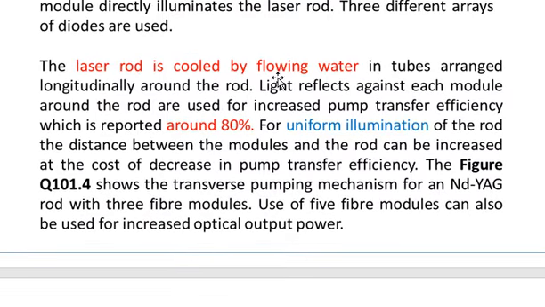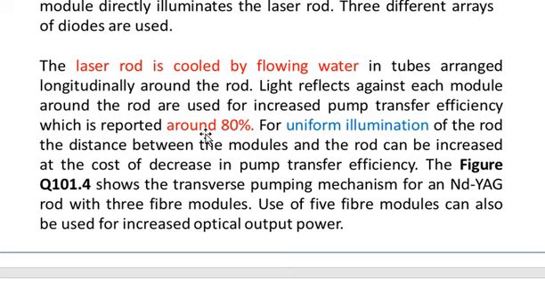The laser rod is cooled by flowing water in tubes arranged longitudinally around the rod. Light reflectors around the rod are used for increased pumping transfer efficiency, which is reported around 80%.